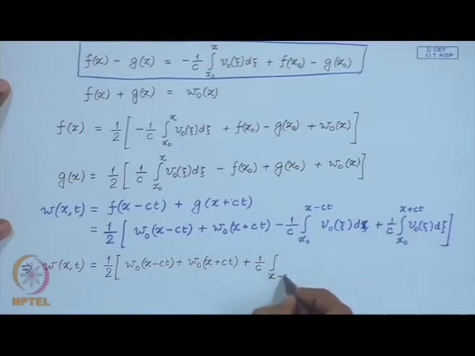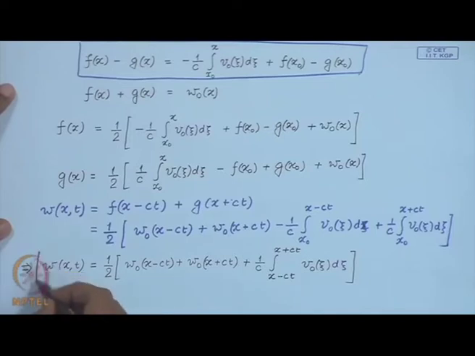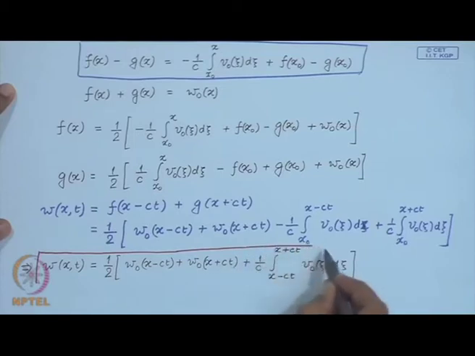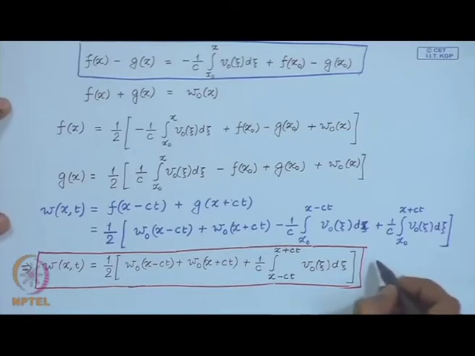So, this becomes x minus c t to x plus c t. This is the d'Alembert solution for the initial value problem.